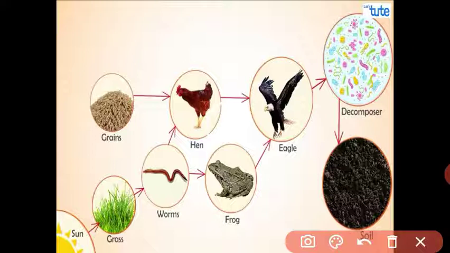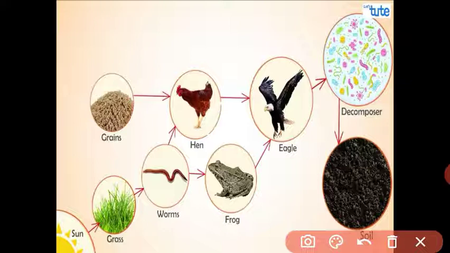They decompose the dead and decayed material, and the next step is the biotic component, which is added back to the soil. Understood, students? Such food chains and food webs function in our ecosystem to help transfer energy from one organism to another.